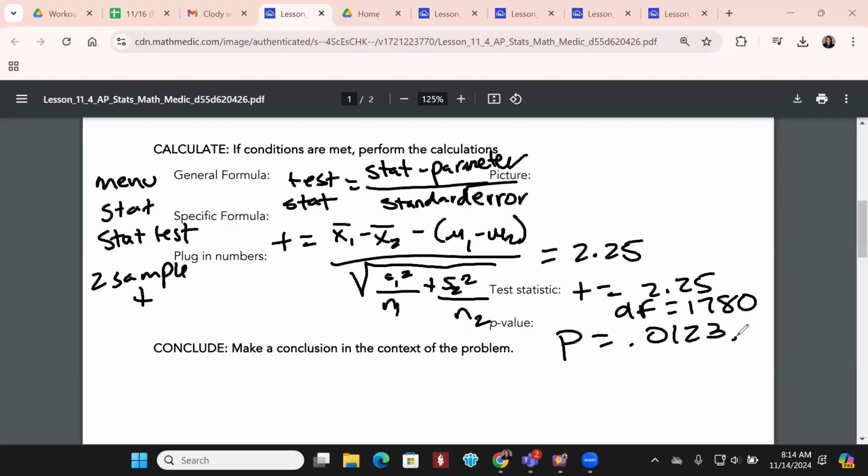Hey, for your p-value, you got 0.024 off the calculator, right? Yes, no? What'd you get? Don't lie to me. Did you get 0.0123? Caitlin, what'd you get? Okay.